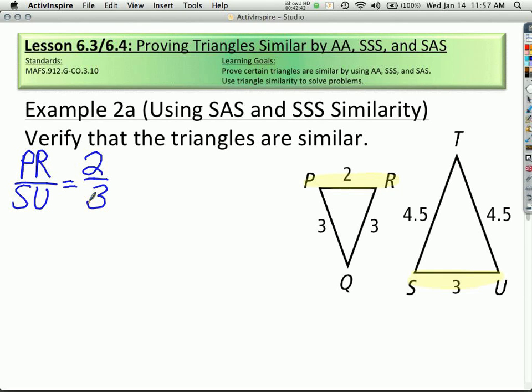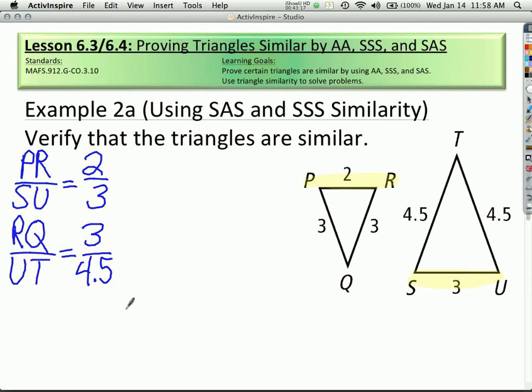Can I have another pair of corresponding sides? Another pair of corresponding sides. Kalasia? Okay, RQ and UT are corresponding. So now make a ratio out of that. RQ is 3 and UT is 4.5.